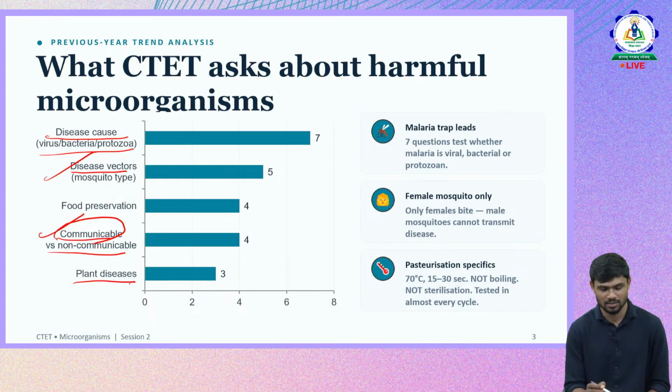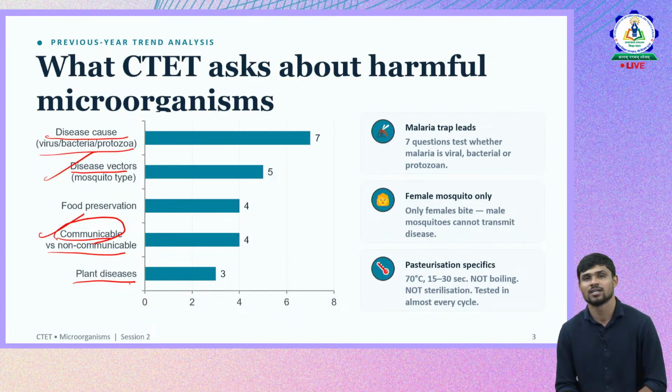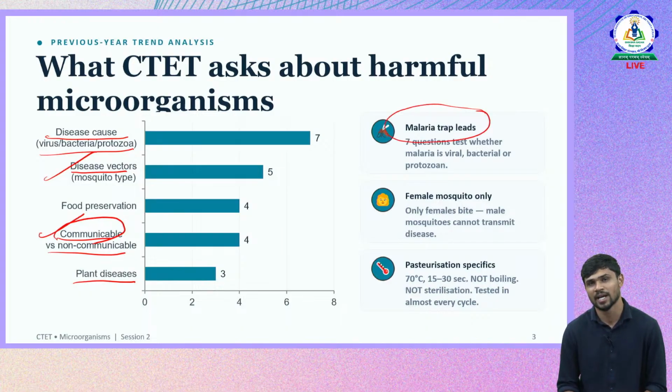Then the plant diseases. Among these subtopics, the majorly and repeatedly asked questions are from the malaria disease. Is malaria caused by a bacteria or a virus? What is the vector for malaria? Who carries the pathogen of malaria? These were the questions mostly repeatedly asked.